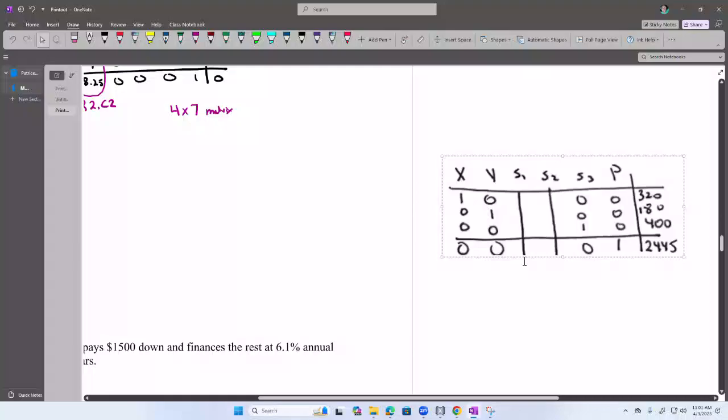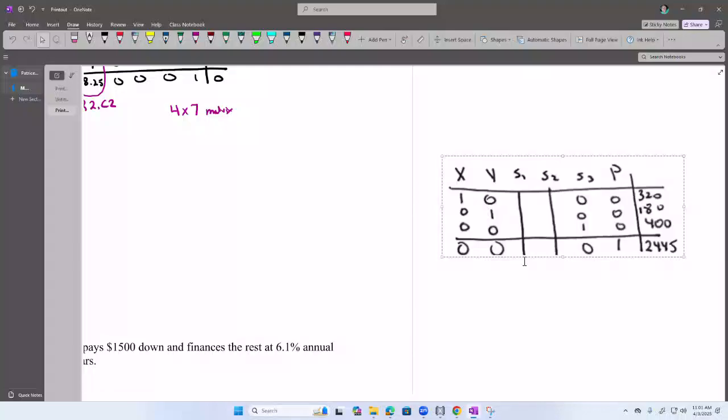So this would be our final tableau. So notice I don't write down the ugly columns. I just cross them off because no need to write them down and then cross them off. And so this tells me that S1 equals 0 and S2 equals 0 because those are my ugly columns. Reading across row 1, I have 1x equals 320.